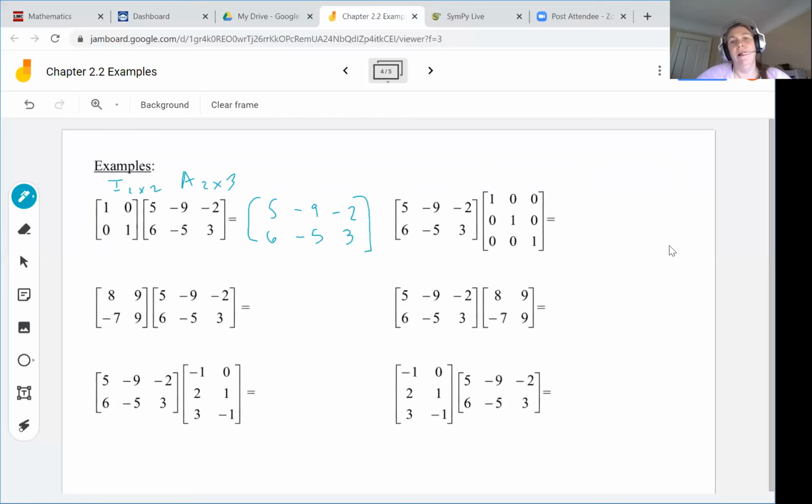All right. Now, if we want to do an identity matrix multiplied by A on the right side, A is still this 2 by 3 matrix. Since A has 3 columns, we have to use the 3 by 3 identity matrix. So which identity matrix you use if your matrix is not square depends on which side you're wanting to multiply by.